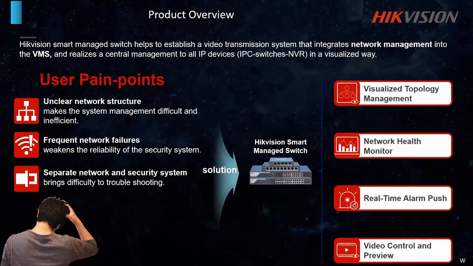Looking at the pain points, if you are using a normal unmanaged switch, you don't have a clear idea about how your network is structured. Of course, you know physically it is there, with wirings running here and there, but it is very difficult to get a bird's eye view of your network. And when there are network failures, with a lot of access switches and aggregation layer switches, you are in deep trouble, because you don't know whether it's an uplink error, an error coming from an access switch, or the device itself.